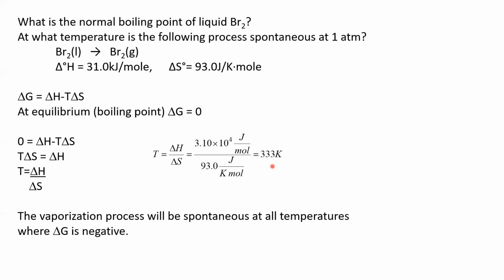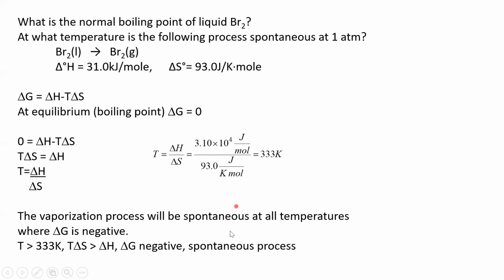So that means that this process will be spontaneous whenever the temperature is above 333 Kelvin. If we're below 333 Kelvin, then delta G would be a positive value and the reaction would not be spontaneous.